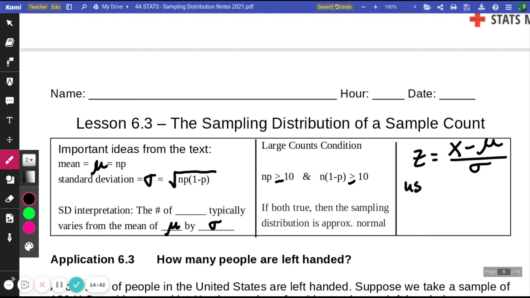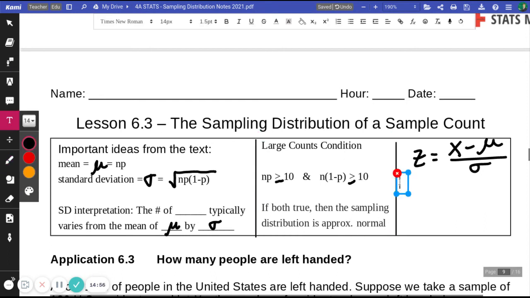And then we'll use table A. In fact, why don't I just type that out for you? That seems way better. So with z-score, we'll use table A.